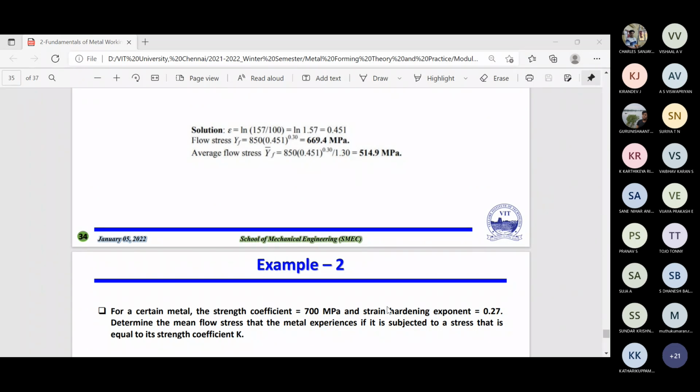What is the equation of mean flow stress? Sir, it's the same as average flow stress, right, sir? Yeah, Amar, fine. This mean flow stress and the average flow stress both are the same. And the equation you can write is K epsilon to the power n divided by 1 plus n. This equation will help you to find the mean flow stress.